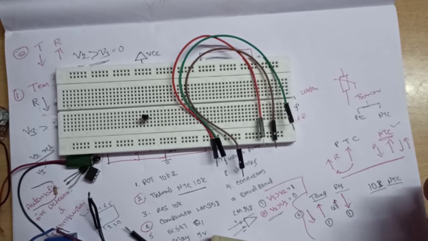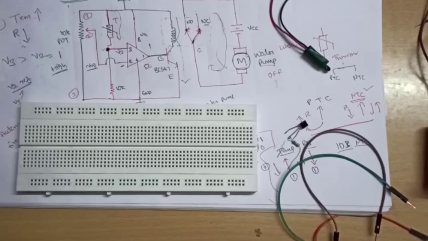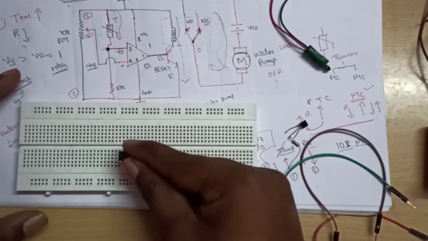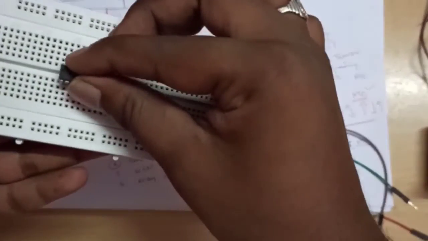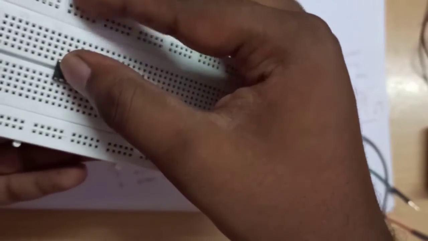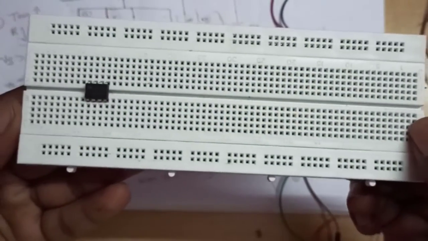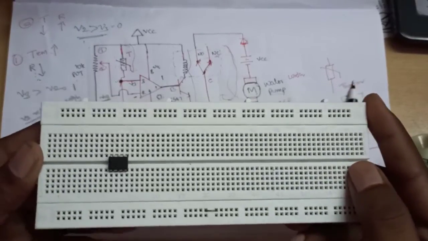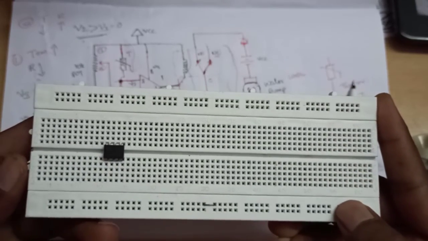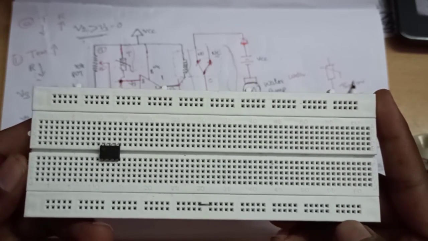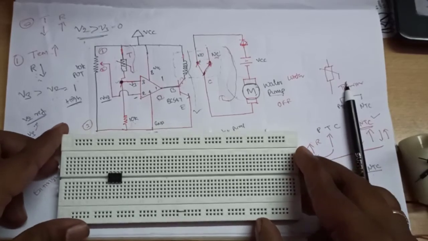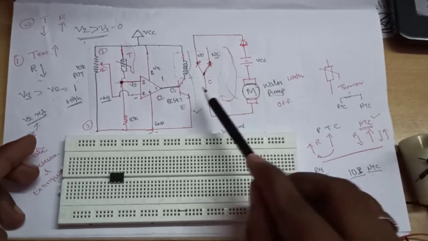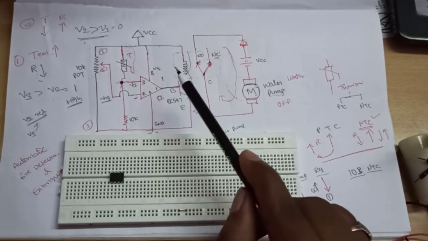After taking all components, we go for the step by step connections. Place the operational amplifier like this on the breadboard. After placement of the comparator, complete the input connections, that is pin number 2 and pin number 3.